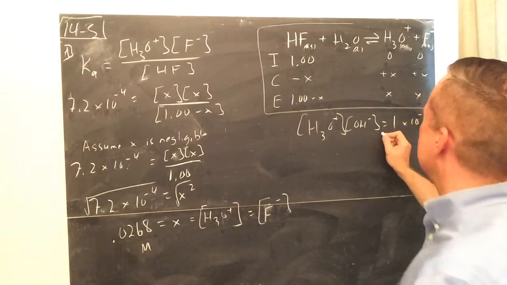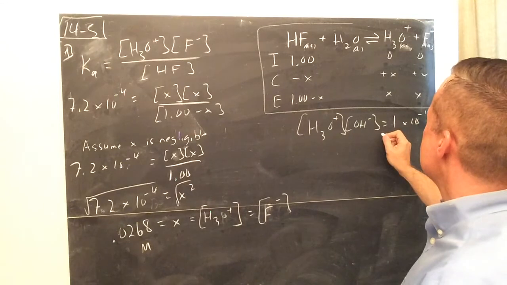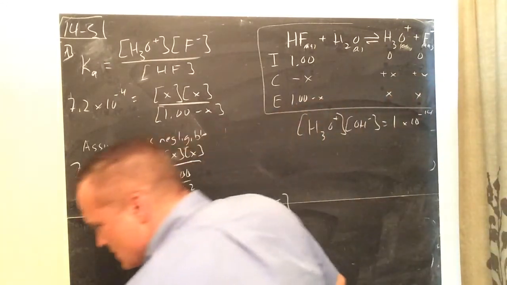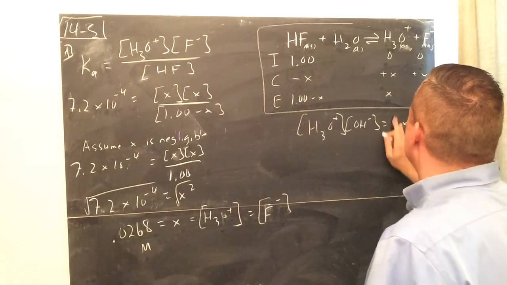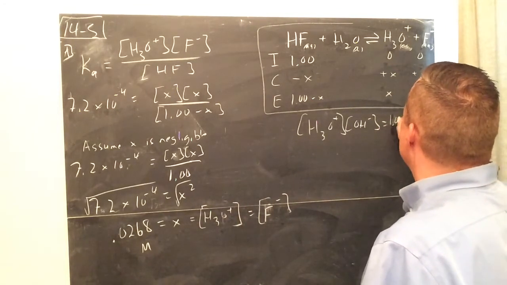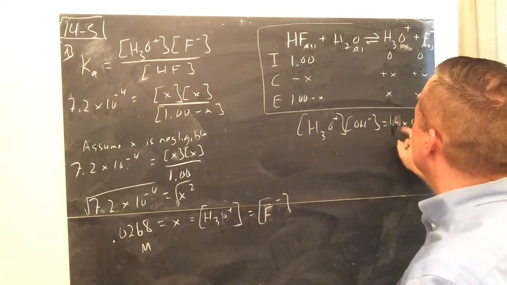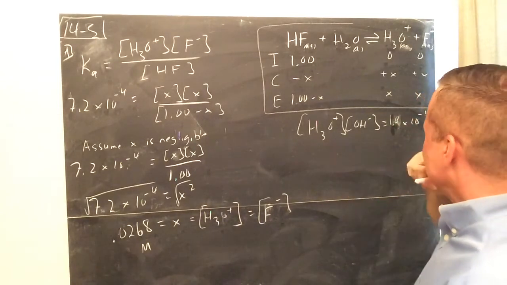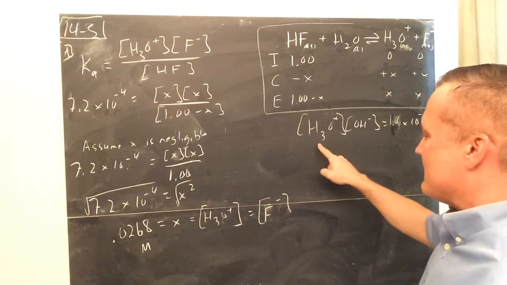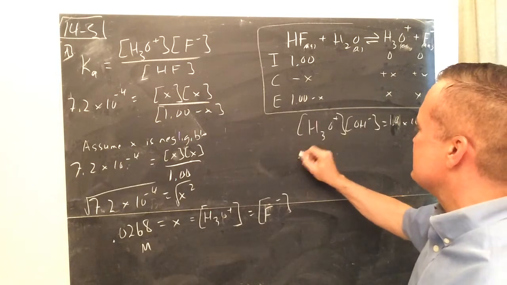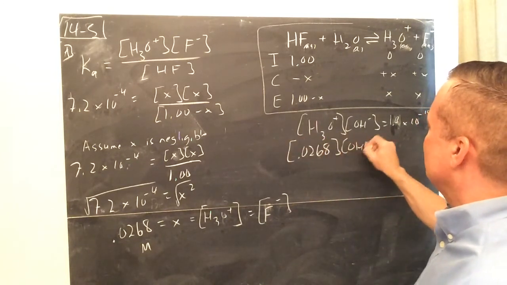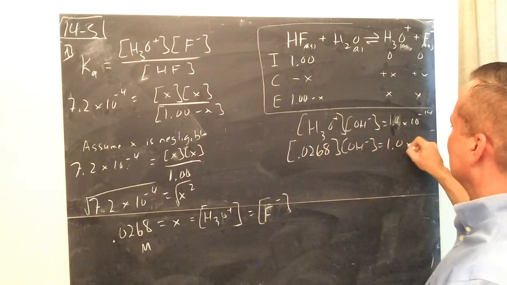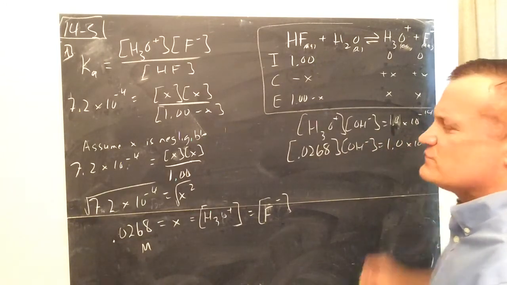It could be 1.0 times 10 to the negative 14, right? Or could it be 1.00? I can't remember. It's 1.0. Okay. So if I put in H3O 0.0268 times OH negative, I don't think it was 1.00.